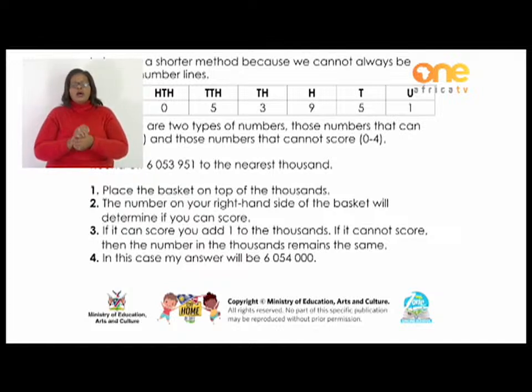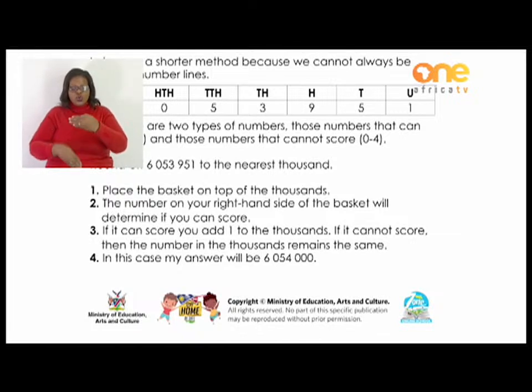Number 1, you need to place the bracket on top of the 1,000. The number on your right-hand side of the bracket will determine if you can score. If it can score, you add the 1 to the 1,000.